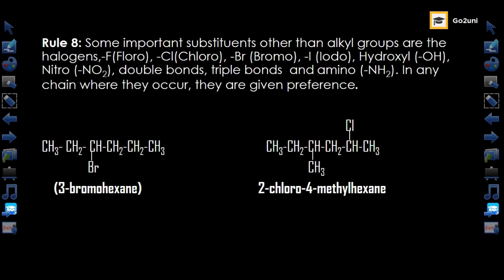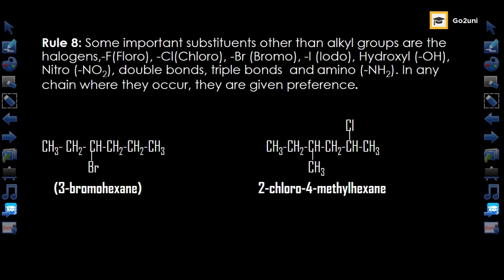And as we can see on the screen, the structure given to us there goes by the name 3-bromohexane. And the other structure is 2-chloro-4-methylhexane. Now looking at the second structure, which is 2-chloro-4-methylhexane, preference is given to chlorine compared to the methyl.